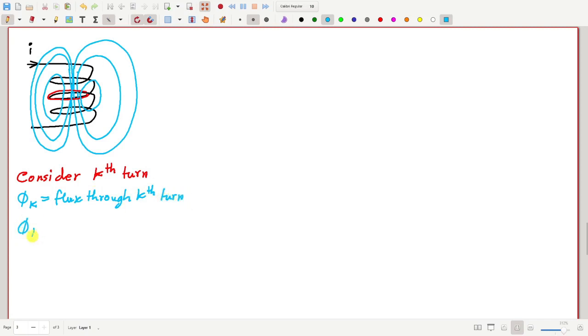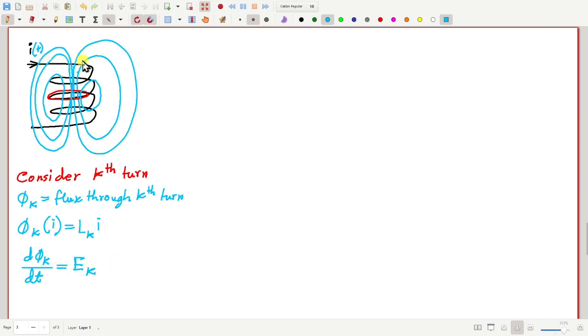Then definitely phi k is a function of the current I, and it will be proportional to the current, with some constant of proportionality Lk. Since I may change as a function of time, phi k will also change, and according to Faraday's law, d phi k by dt will be equal to the EMF induced in this kth turn.